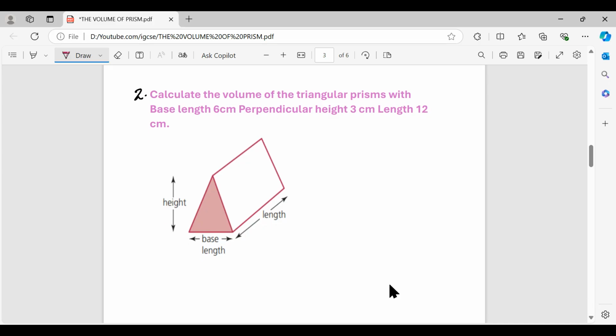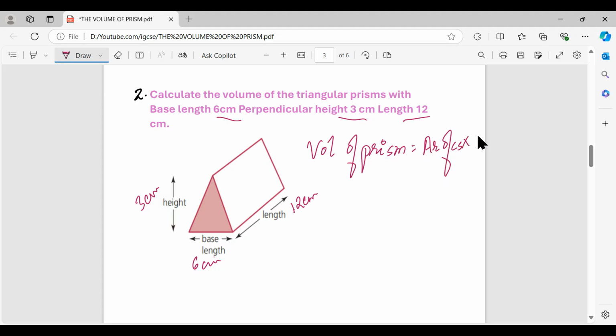So here we go. Calculate the volume of the prism with base length 6 centimeter, perpendicular height 3 centimeter and length 12 centimeter. So you know already volume of prism is area of cross section times length.